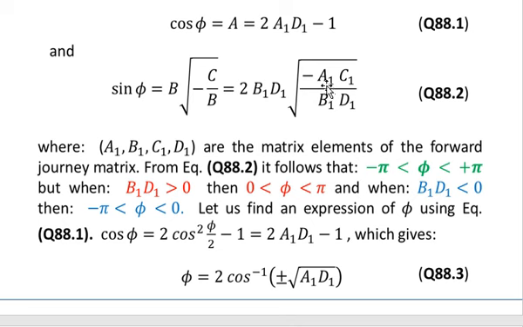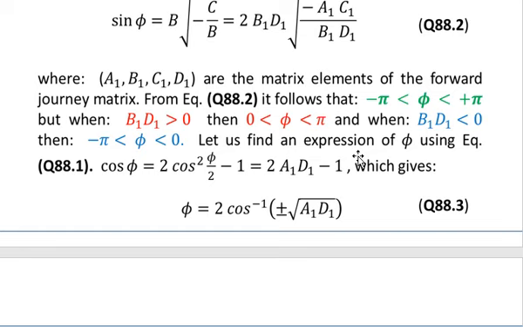The answer is that in that case A1 and C1 will also change sign such that the square root containing minus A1 C1 over B1 D1 will always be a positive quantity. So the sign will only be decided by the term B1 D1 outside the square root. So that's why we have computed the range of phi for B1 D1 greater than 0 and for B1 D1 less than 0.